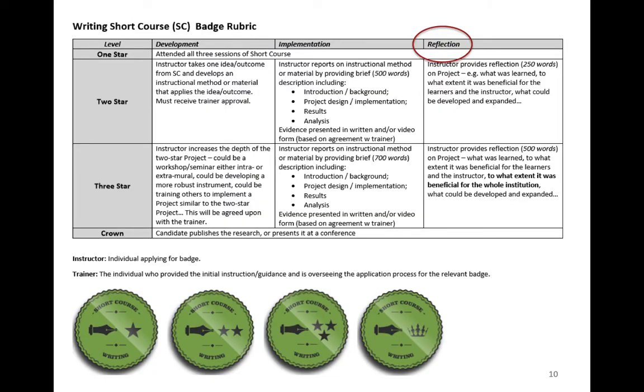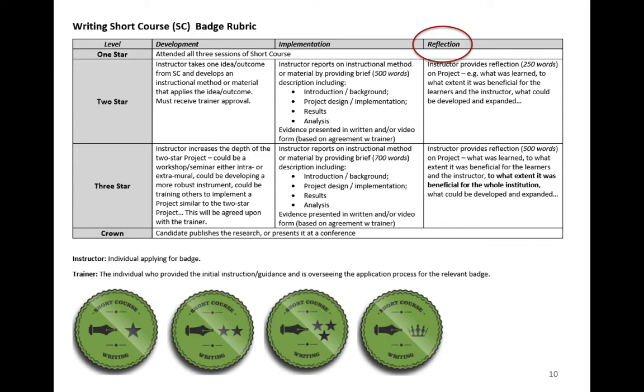So in a sample rubric here for one of our badges and micro-credentials that we offer in the School of Foreign Languages, in order to get these different stars or the crown, you have to do 3 different things. There has to be the development, there has to be an implementation, and then there has to be a reflection component.